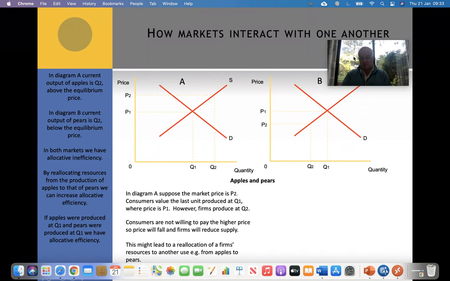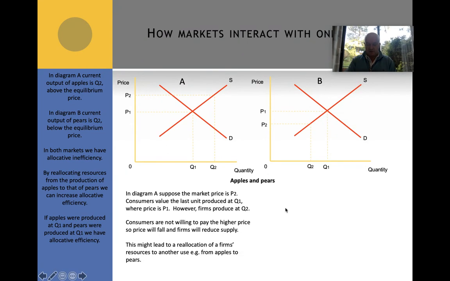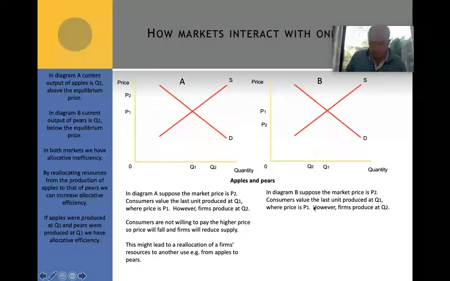Let's just move that up there a moment so you can see the text that we're going to look at next. So in this scenario then, in diagram B, let's assume that the market price was P2. If that were the case, consumers value the last unit produced at Q1, where the price is P1.